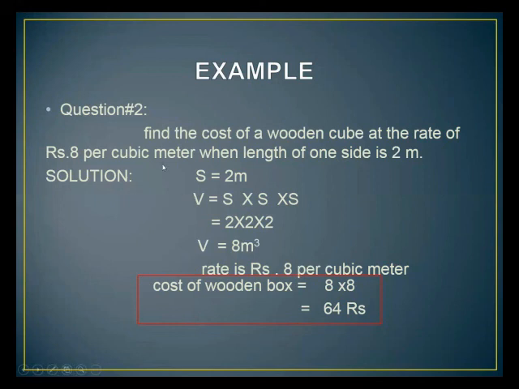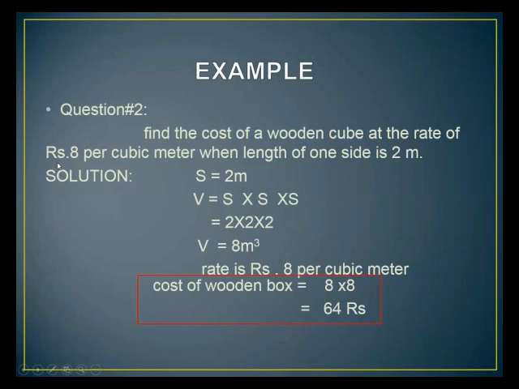I again repeat the process. We are just finding the cost of the wooden box, and to find the cost of the wooden box, we must know the total volume of the wooden box. The total volume is 8 because we know the one side of the cube is 2 meter, so the volume of the wooden box is 8 cubic meter.